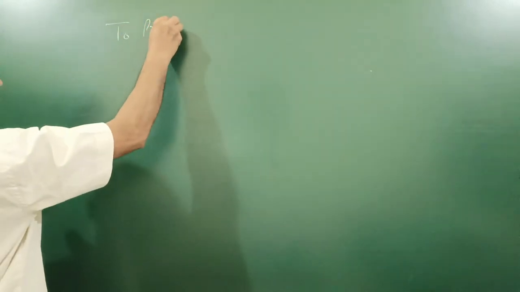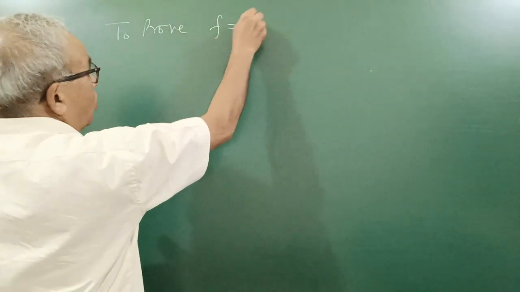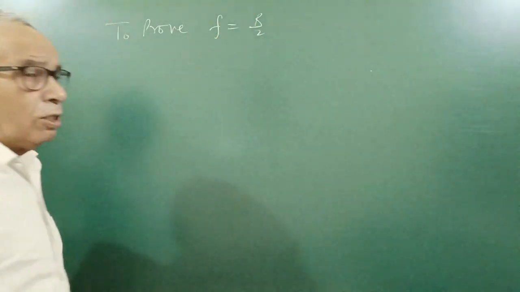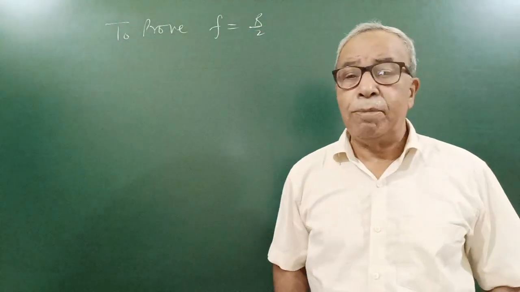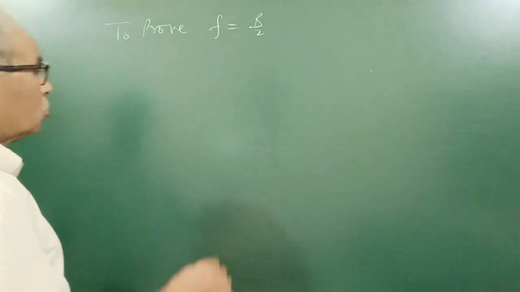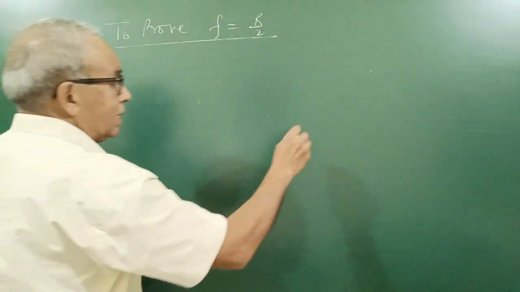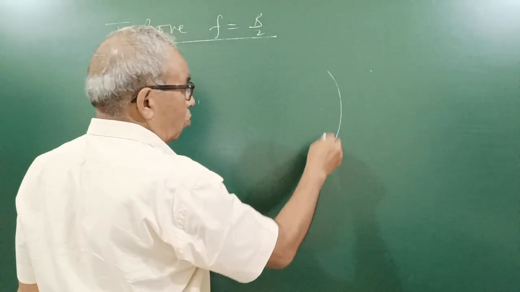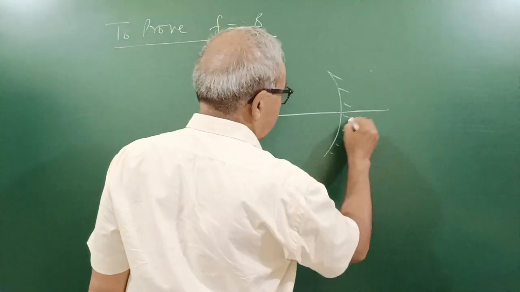Now to prove f is equal to r by 2, that is, focal length is equal to half of radius. This question has been asked many times in board exams, and we noticed that students were unable to do it. So first of all, I take the diagram of concave mirror as well as convex mirror, with principal axis.